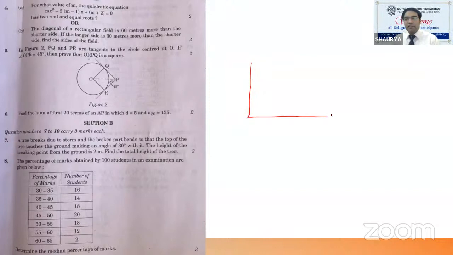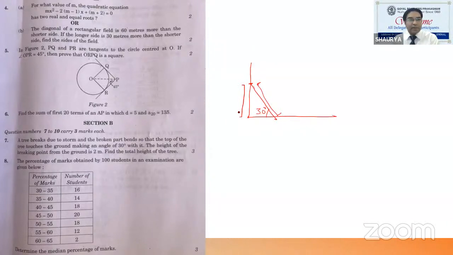This is the reference ground. Let's say it broke from some point and this part fell here, right? So this is now making an angle of 30 degrees as the question says. So the total height of the tree is now this plus this length, right? Since it is the broken part which is not touching the ground.